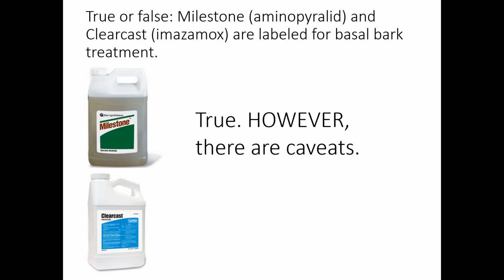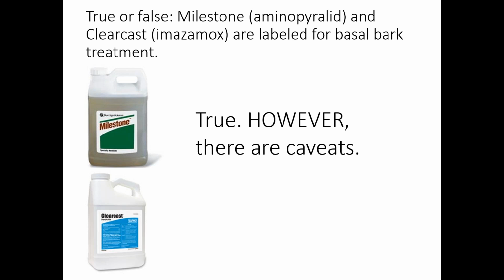Now, previously, the companies have done a little work where they figured out specific oil carriers that Milestone was somewhat compatible with, that they could get it agitated enough to actually disperse within the oil mix, and add it for things like Tree of Heaven.